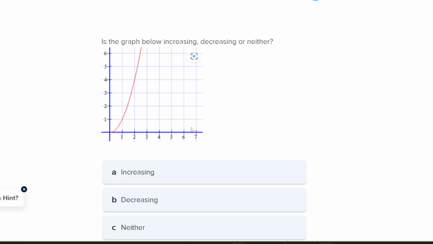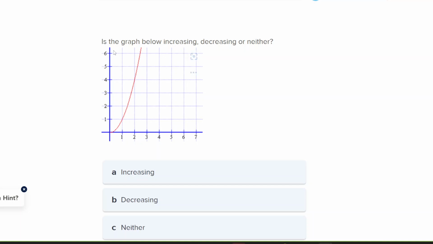As x increases, what happens to the y? So here in this red graph, as x increases, we can very clearly see the y coordinates of the points on this graph are increasing as well. 1 here, 2 here, 3 here, 4 here, 5 here, 6 here, and so on. So this particular function would be considered increasing.